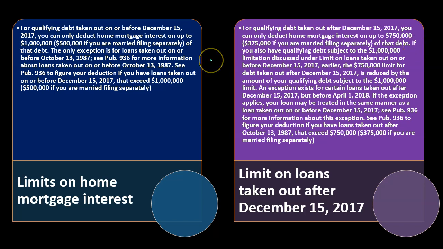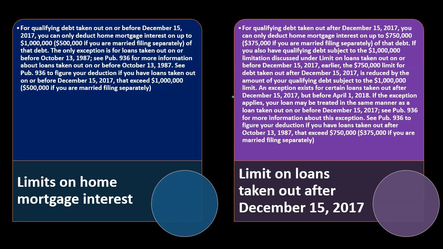However, if you also have qualifying debt subject to the $1 million limitation discussed earlier under the limit on loans taken out on or before December 15, 2017, the $750,000 limit for debt taken out after December 15, 2017 is reduced by the amount of your qualifying debt subject to the $1 million limit. An exception exists for certain loans taken out after December 15, 2017 but before April 1st, 2018.